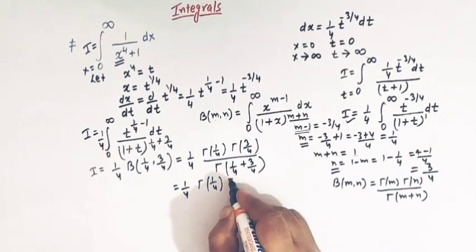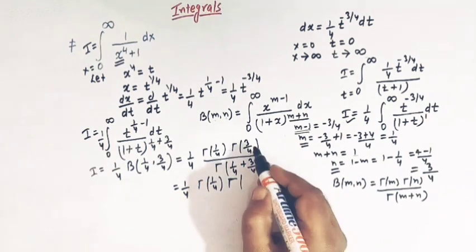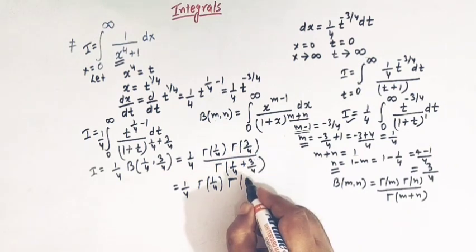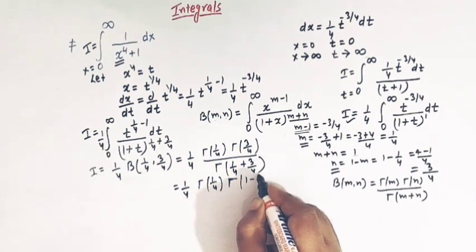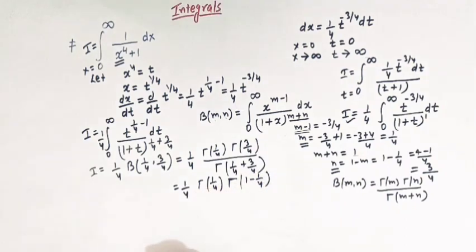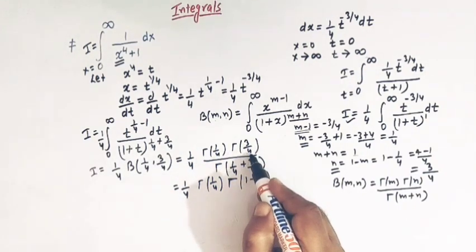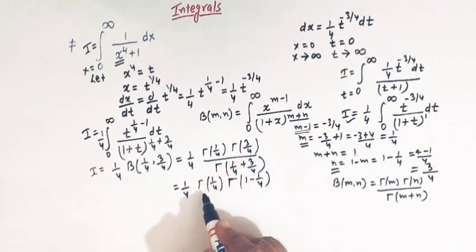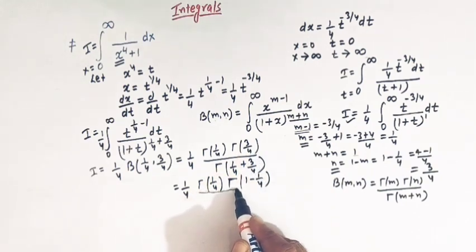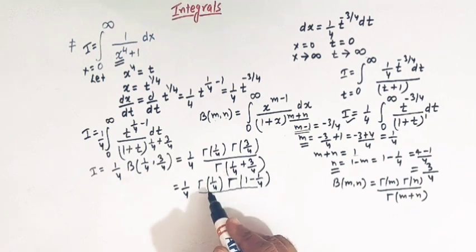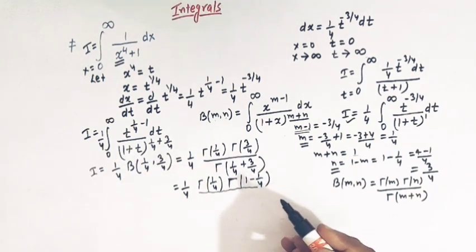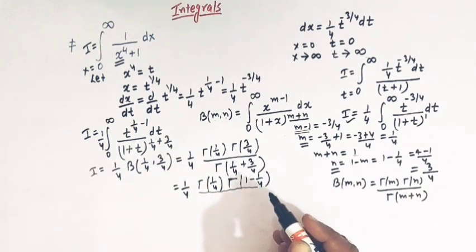And now see, here we can write 3 by 4 as 1 minus 1 by 4, right? Why we are writing gamma 1 by 4, gamma 3 by 4 like this? Because now this term is similar to the term which appears in the Euler's reflection formula, right?